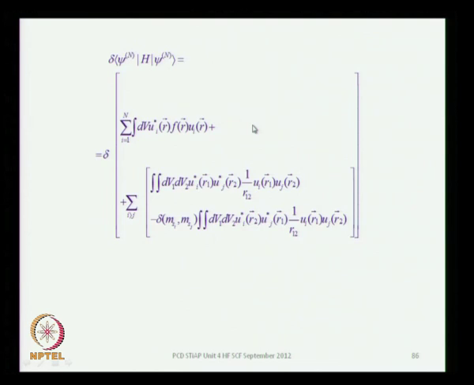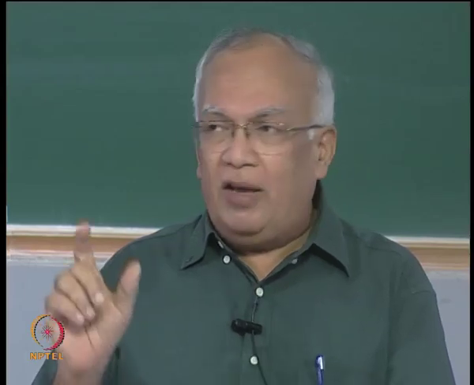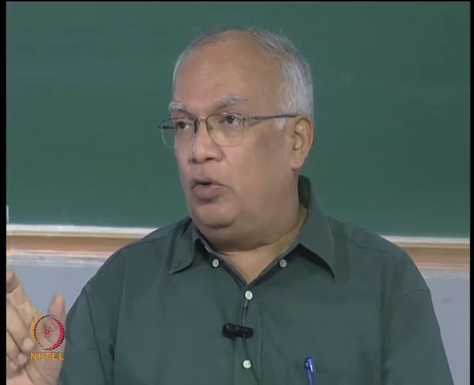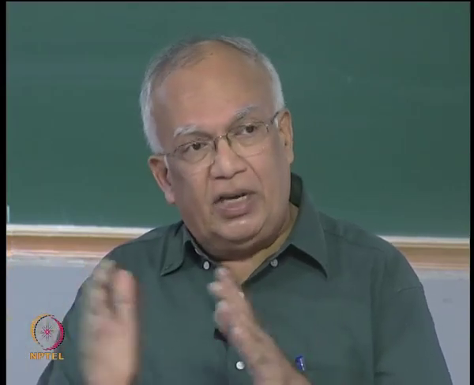We know that there are additional terms which will come from the Lagrange's multipliers, so they will be plugged in later. At this point I am focusing attention only on the variation in the expectation value of the Hamiltonian alone, because they all come as additive terms, as we have seen in the previous slide.